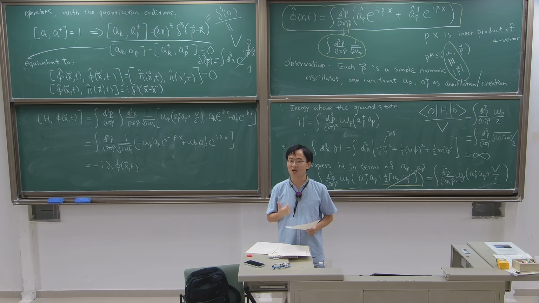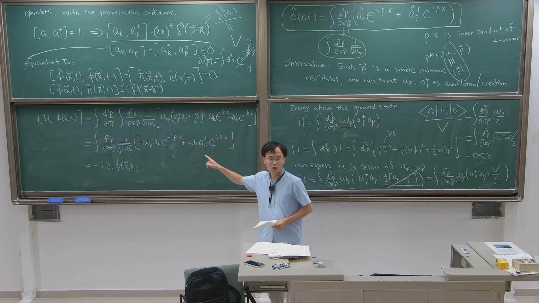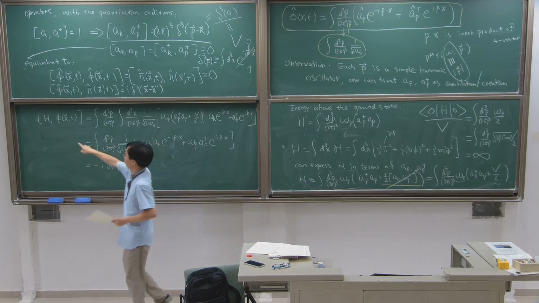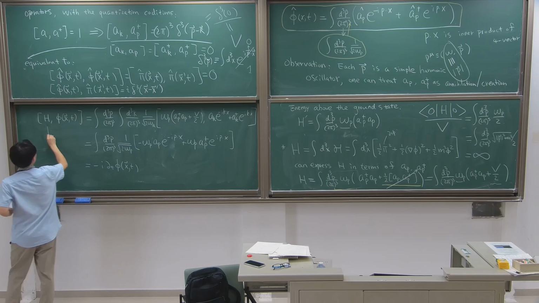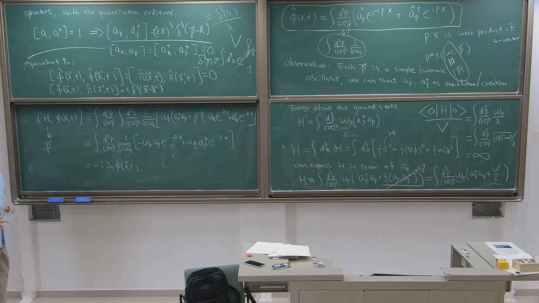This is the conserved charge for the spatial translation, or space translation. That's P. So you can also treat the momentum P as an operator, just like this H. P is the real physical momentum of your system.